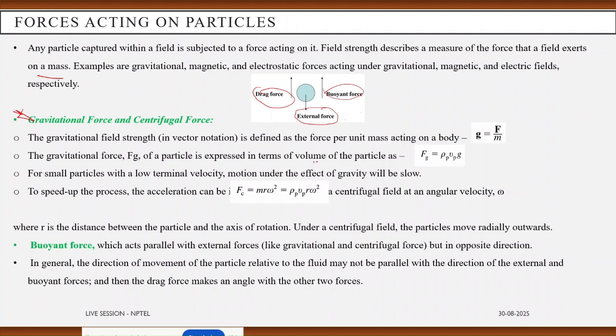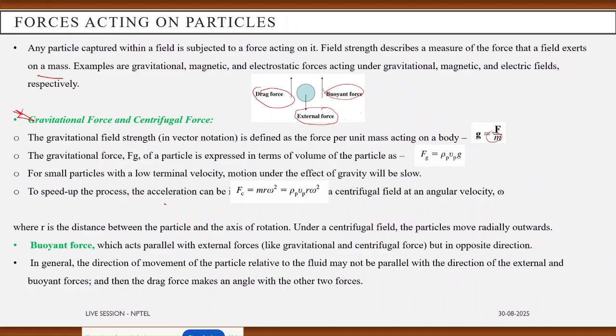The gravitational force is defined as force per unit mass acting on a body. The gravitational force is expressed in terms of the volume of the particle, that is, F equals mass times g, where mass equals volume into density, so F equals volume into density into g. For small particles with a low terminal velocity, motion under the effect of the gravitational force is very slow.